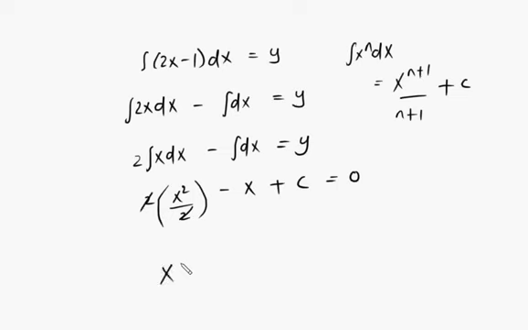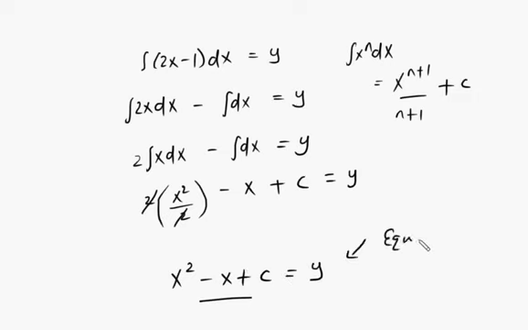So our general solution now is x squared minus x, I'm so sorry, it's not 0 there. Is y. So our general solution now is x squared minus x plus c is equal to y. So this one is our general solution, okay? So this one is the equation of the curve, okay?